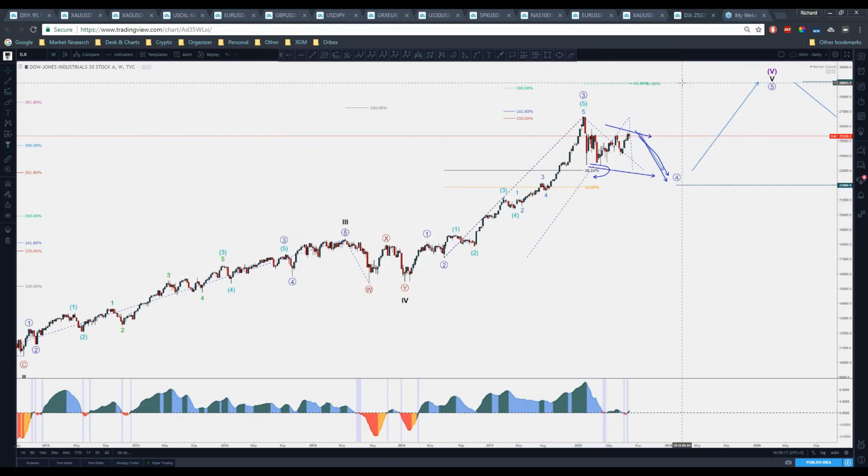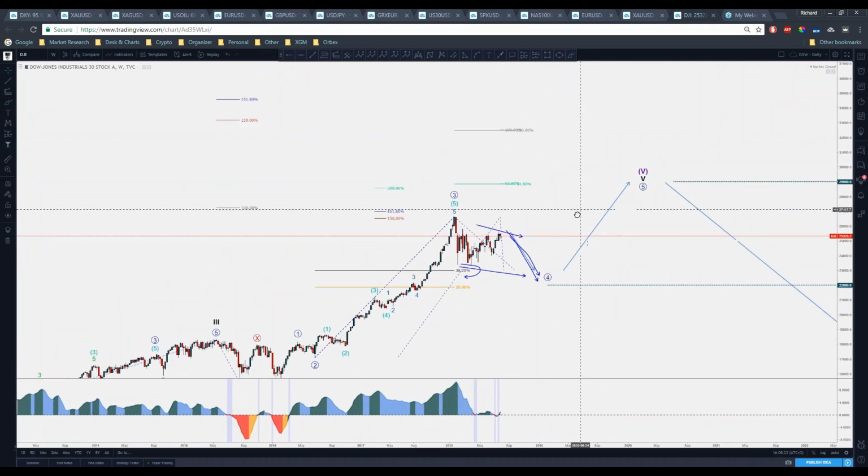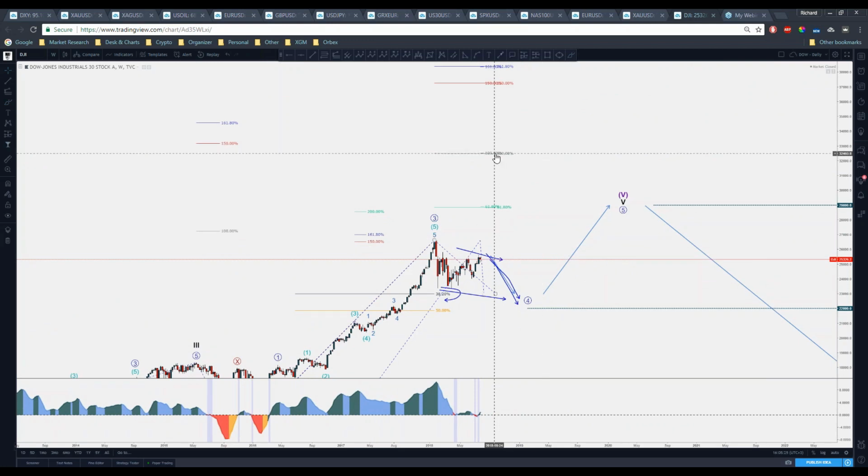It's pretty easy. It's the 61.8 for the wave 5 because wave 3 was extended. If it presents an extension, it could go even higher, right? Which is 100%, so let's say 29,000. We'll see. What if, right? What if 32,450? What if this bull market will not stop until 38,000?